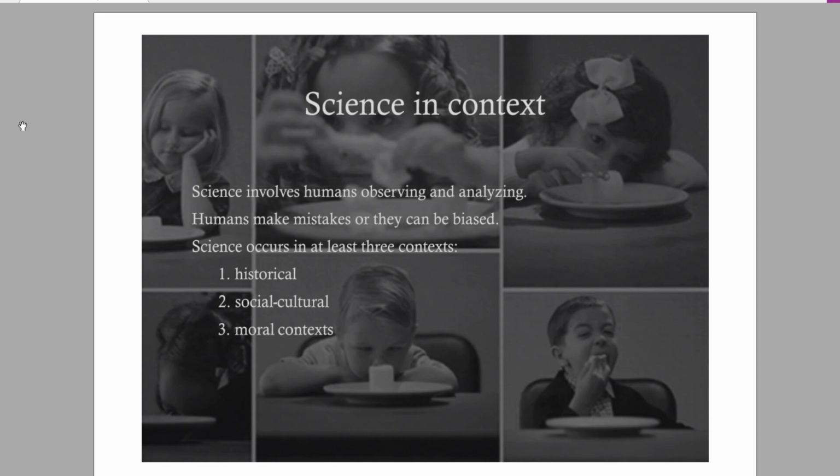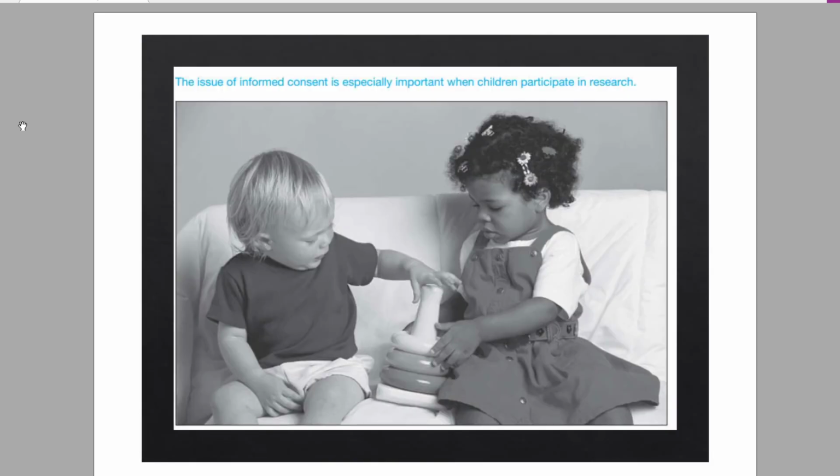So there's that. But in my research, for example, and something that will be considered in any clinical psychology research, is informed consent. So we want people to understand the nature of the research that we are doing and to actively volunteer to do it.